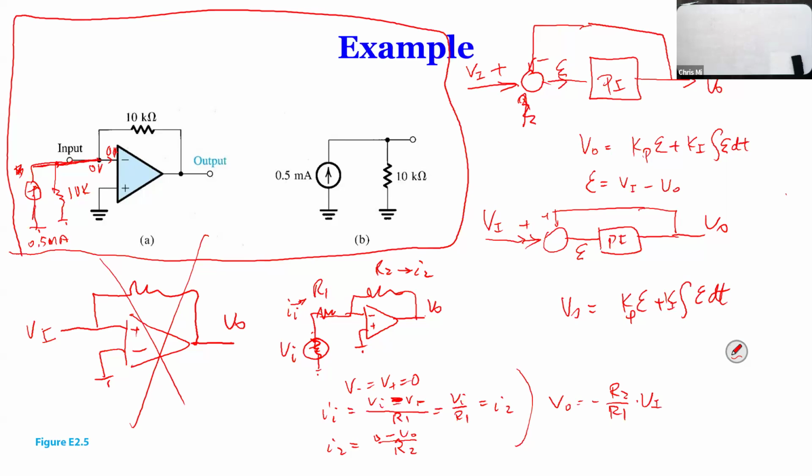So if the voltage at the inverting terminal is 0, what would be the current through that bottom 10K resistance? How much is the voltage across that 10K resistance at the bottom? 0, because there's ground here and ground there. So there's no current. If there's no current, all the 0.5 milliamps will go where? The top 10K.